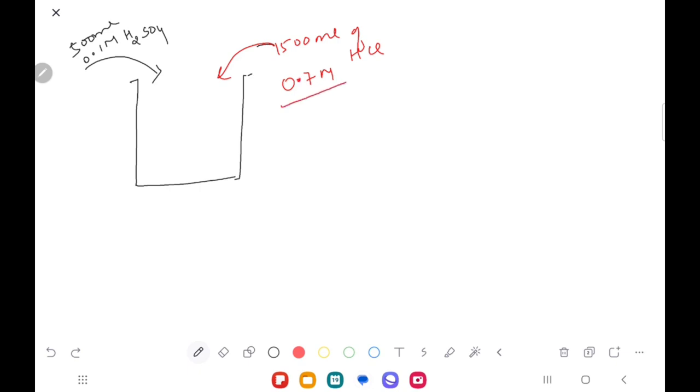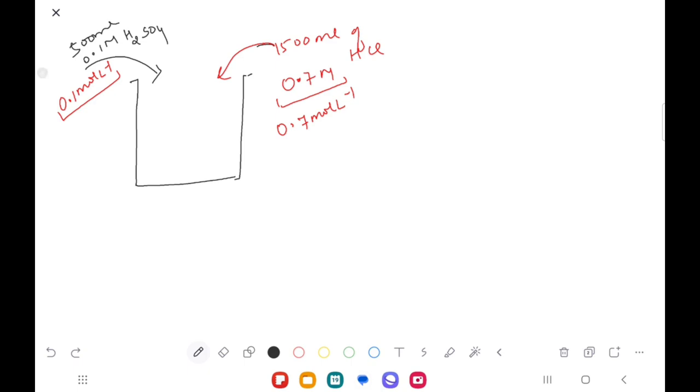So I have given you the molarity. That means 0.7 moles per liter and 0.1 moles per liter. That's what 0.1 molar means, isn't it?